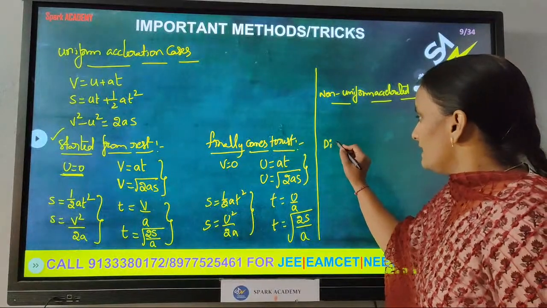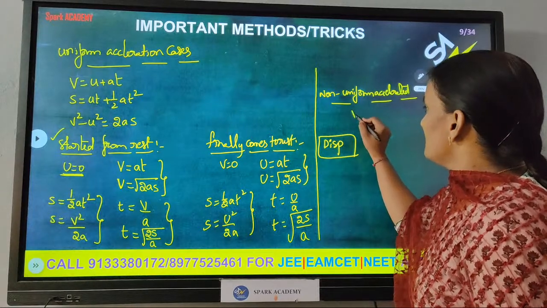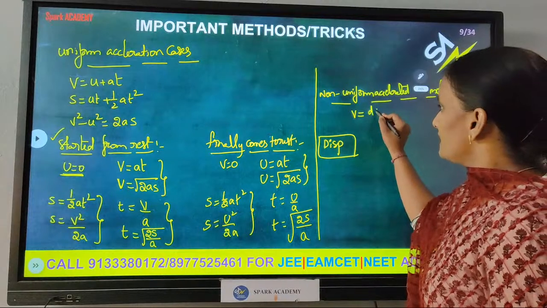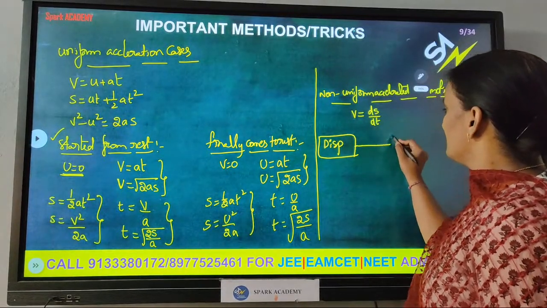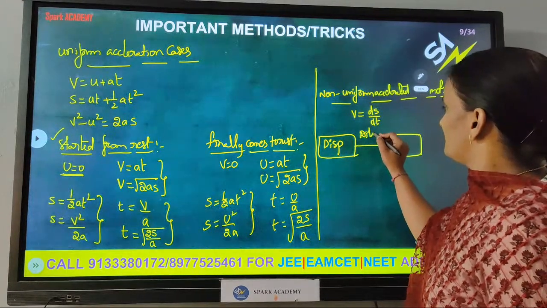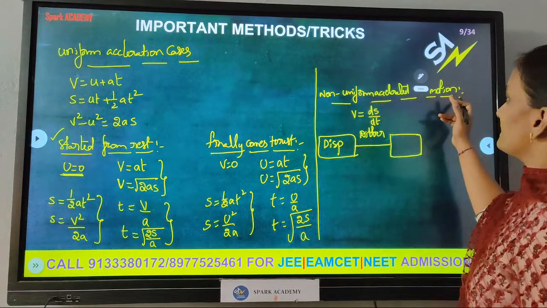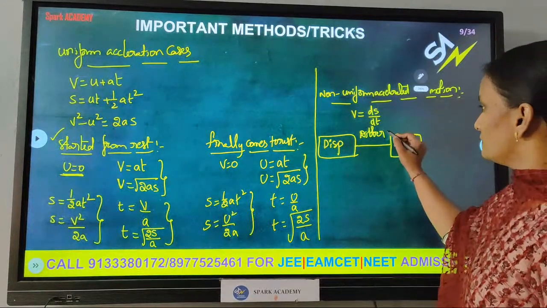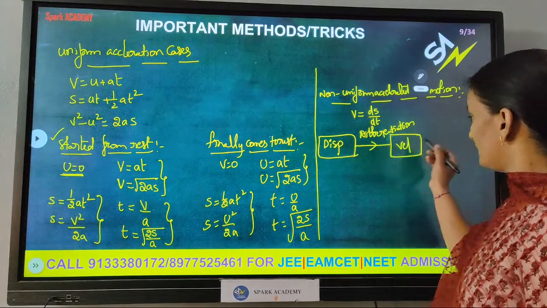When displacement is given as a function of time, then differentiating the displacement with respect to time, we get velocity. Here what we have done is differentiation. So using the calculus method, for non-uniform accelerated motion, we can find the displacement, velocity. So here by differentiation, we get velocity.